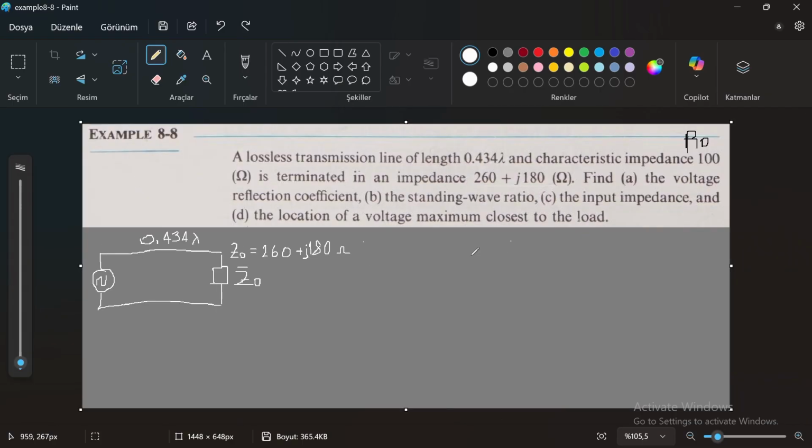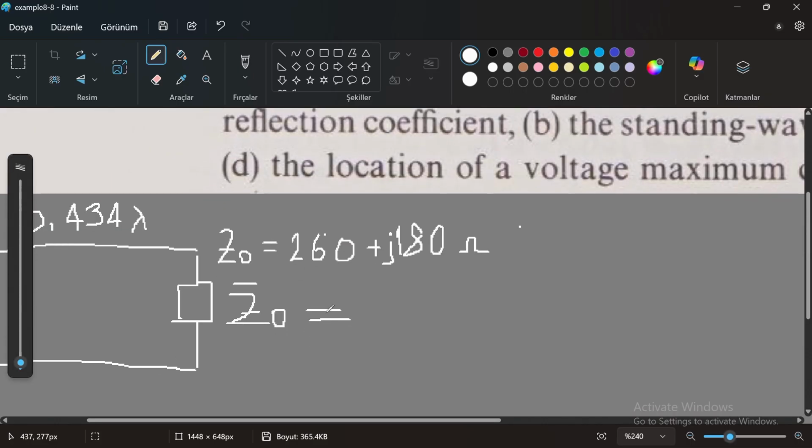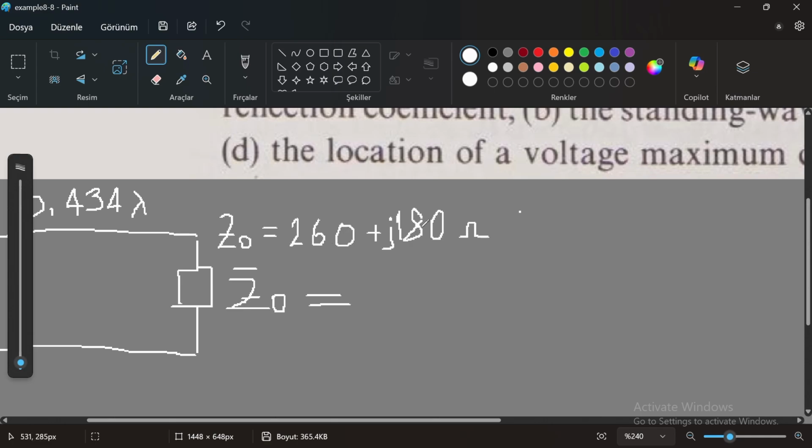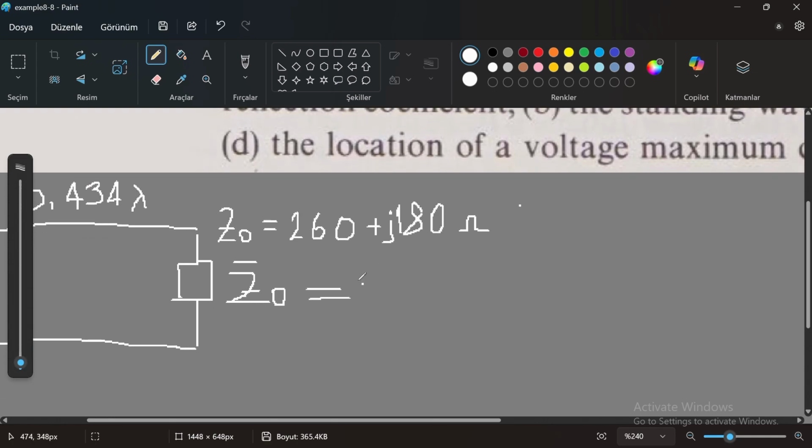So if we divide it, it's simple. 2.6, if we divide this by 100, 2.6 plus j1.8.